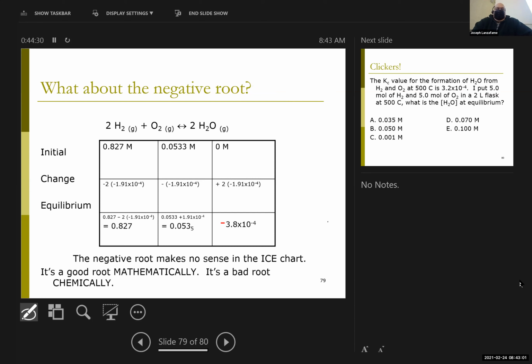I cannot have a negative amount of stuff. I can, of course, have a negative change. I do it all the time. I had $100. I went to the mall. I only have 80. My change in dollars was negative 20. I defy you to hand me negative $20. I dare you, because that means you have to steal it from me, right?